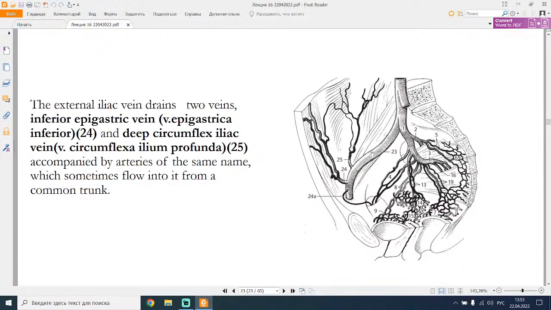The external iliac vein drains two veins: vena epigastrica inferior and vena circumflexa ilium profunda.